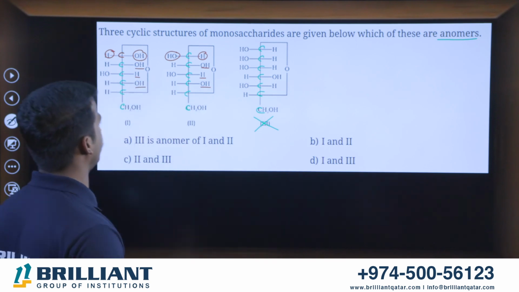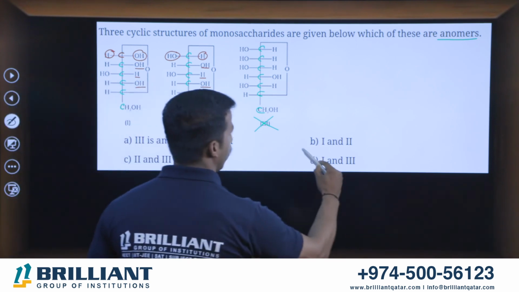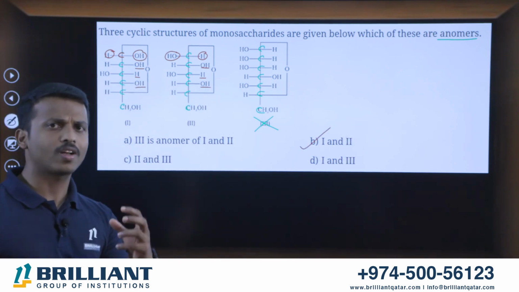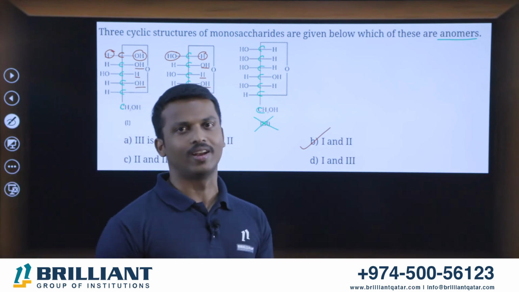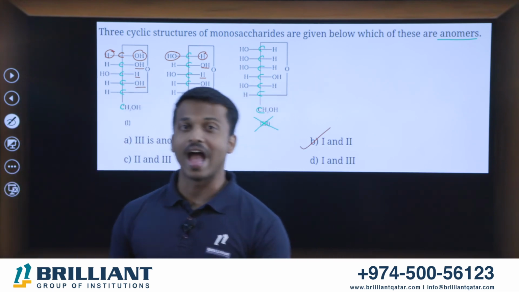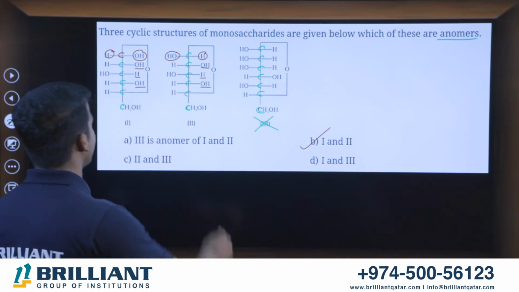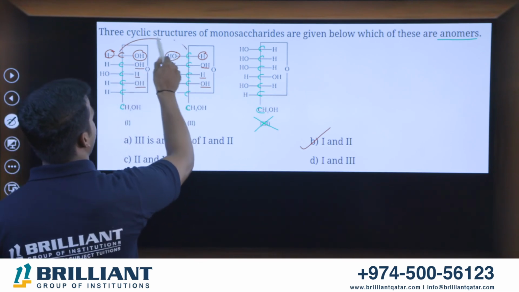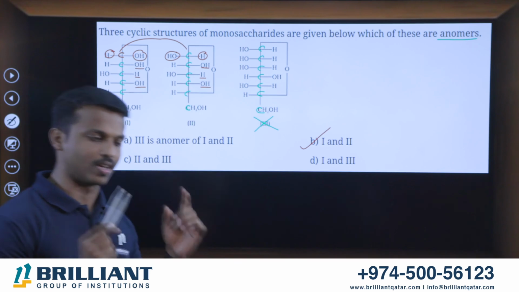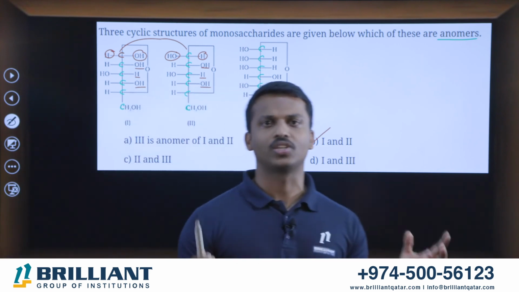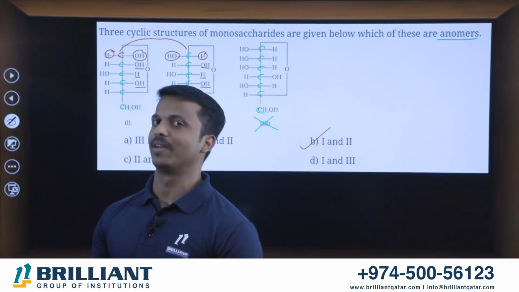So you can confirm that 1 and 2 are anomers. In which carbon are the configurations different? What do they call it? Anomeric carbon. So which is the anomeric carbon here? This is the anomeric carbon. On the carbon where the configurations are different, that is called the anomeric carbon.